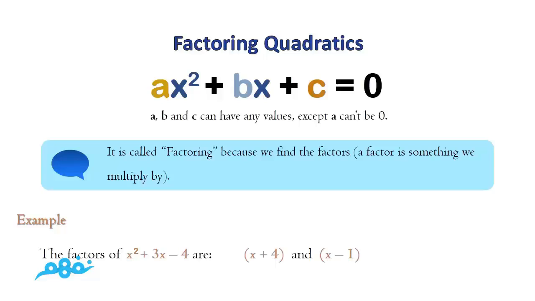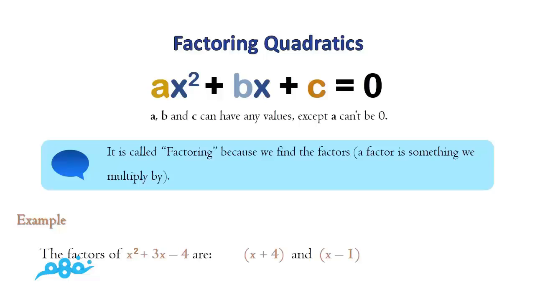For example, 2 multiplied by 3 equals 6. So 2 and 3 are the factors of 6. So what about functions? In functions, there is a bracket multiplied by a bracket equals this function. So those brackets are called the factors, and factoring is a method of finding these factors.